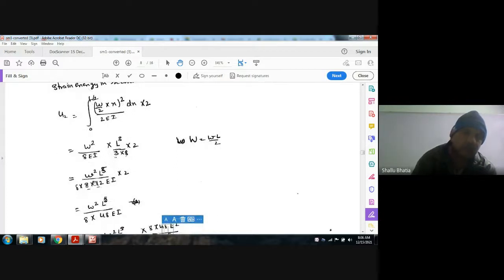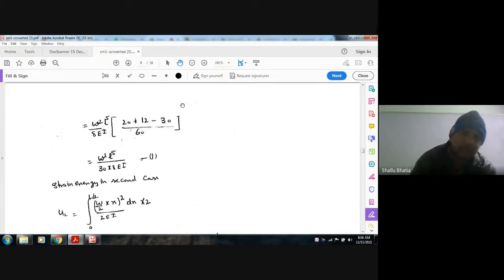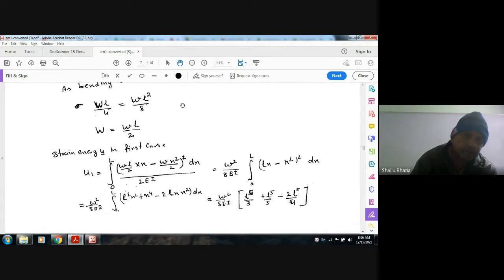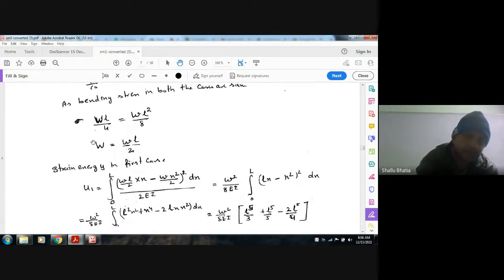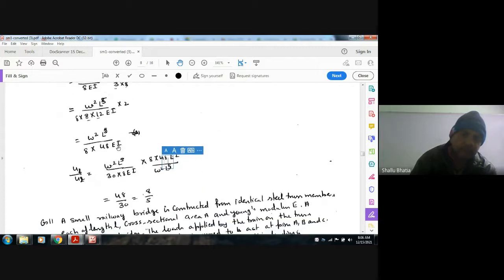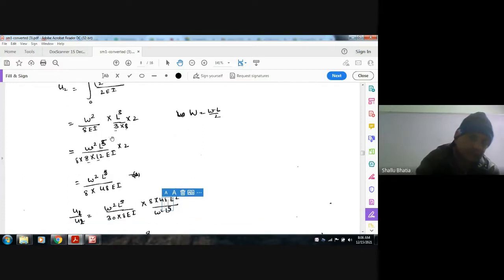Here integrating them and putting capital W equal to small w L by 2, which we have derived, we can find that U2 is w square L to the power 5 by 96 EI.